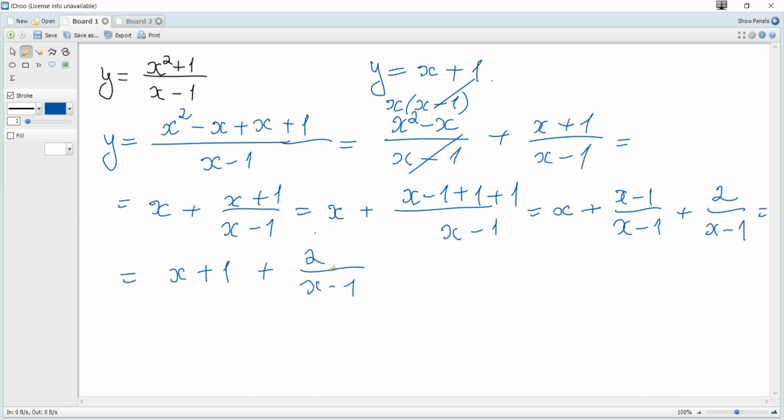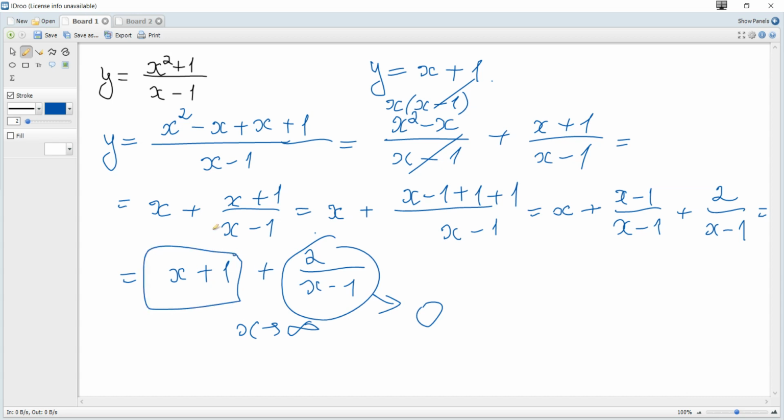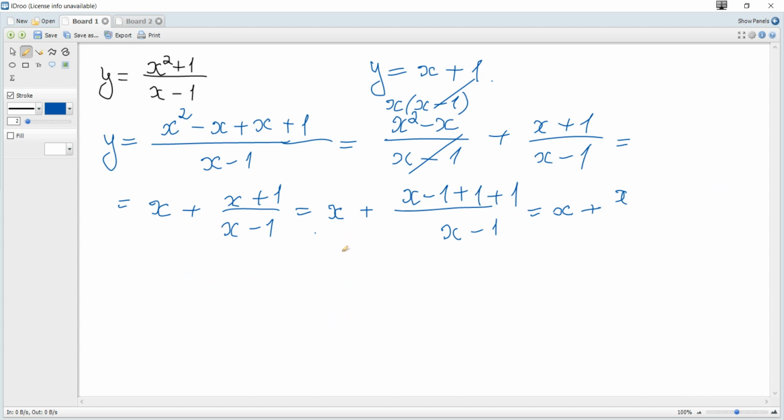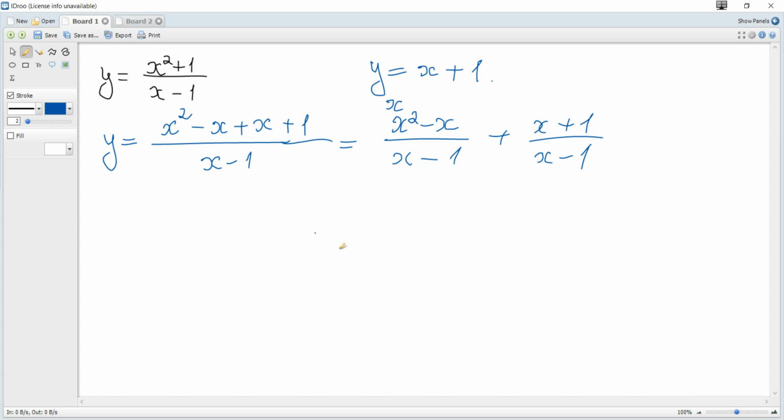And now it's clear that when x tends to infinity, this tends to 0, and it's directly the equation of a slant asymptote.